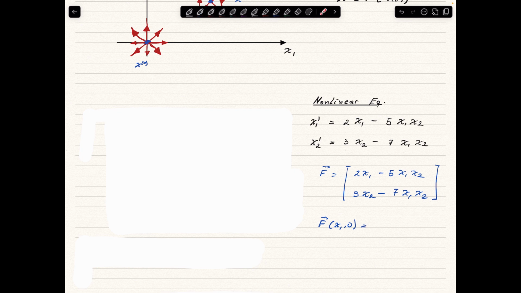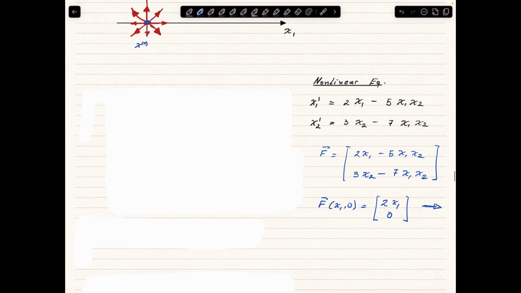So we make x2 equal 0, so that term disappears, and we get (2x1, 0). Notice that this is a horizontal field, so a horizontal vector. And now the vector field at (0, x2). Well, this is going to be (0, 3x2), a vertical vector field pointing up.